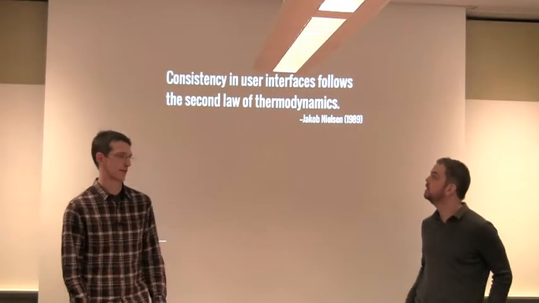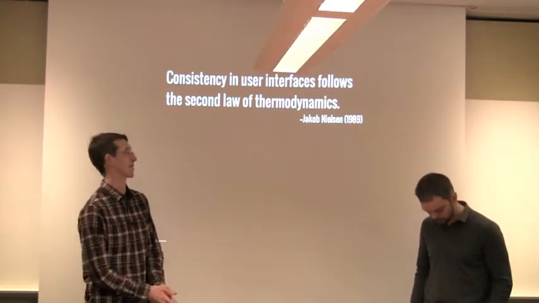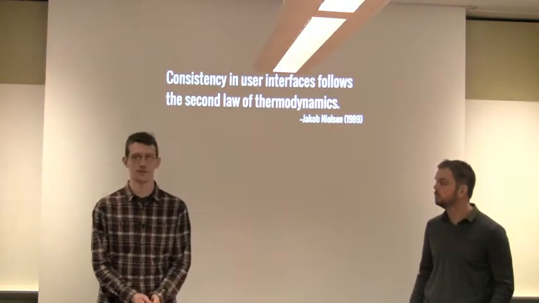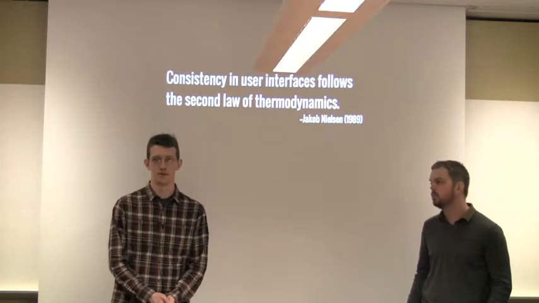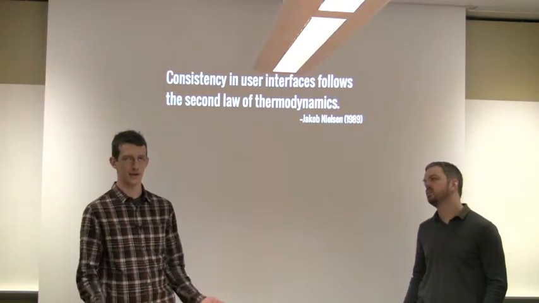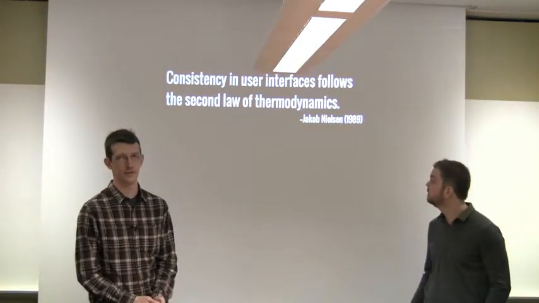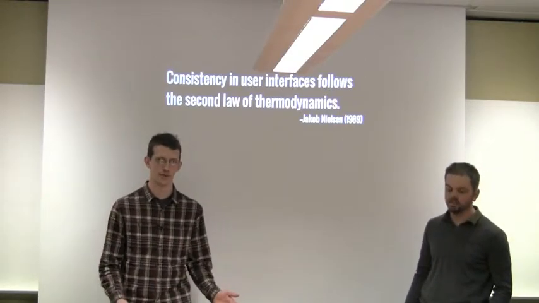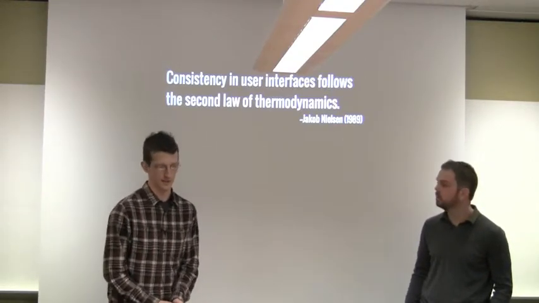So I'd like to start out with this quote about UI consistency. Namely, consistency in user interfaces follows the second law of thermodynamics. To wit, a user interface left untended with no external forces during its course of development will tend towards inconsistency.